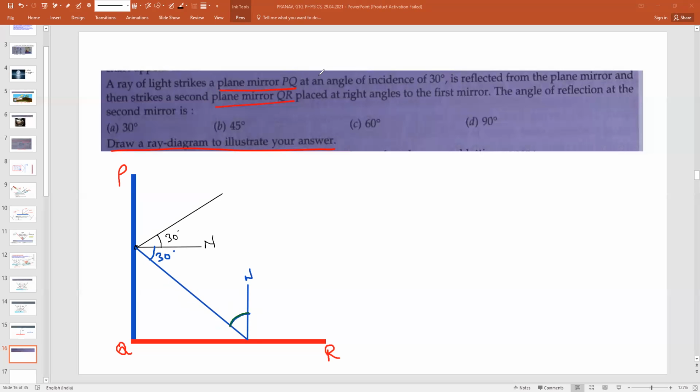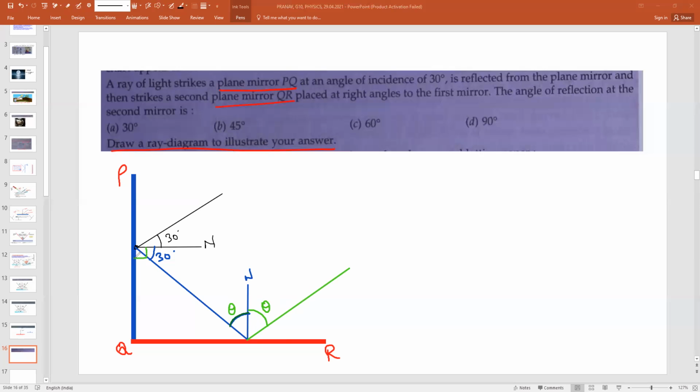If I get this angle, then we can find the reflection here. So if this is theta, we have to find the theta value. How will we find theta? You can see here, this is 30.